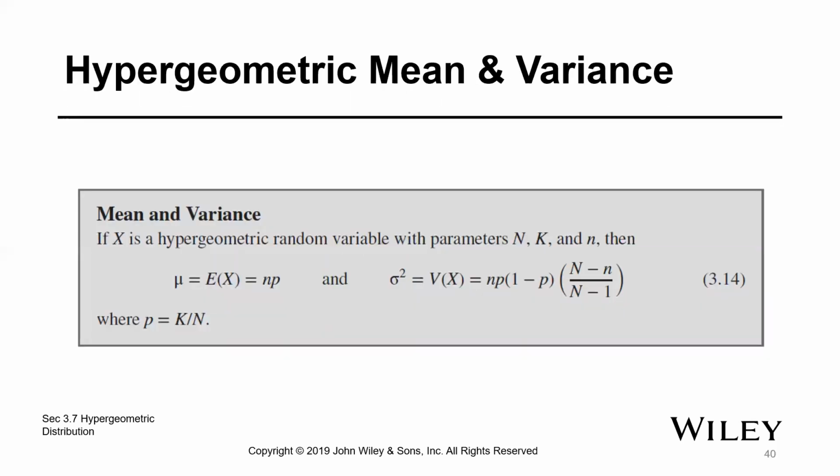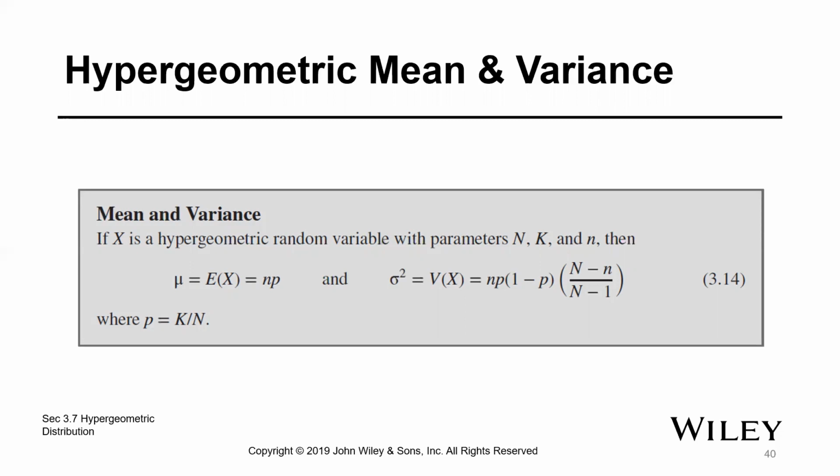How do we figure out the mean? Same way. Times your population size minus your sample size, over your population size minus 1.